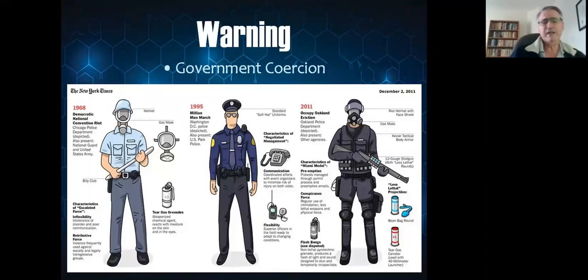You can see in the 1960s, the riot control people were very lightly weaponized, whereas as we move into the 2000s and 2010s, at the right-hand side of the diagram, the police forces are basically paramilitary forces, and they're being supplied by military organizations that have surplus supplies.